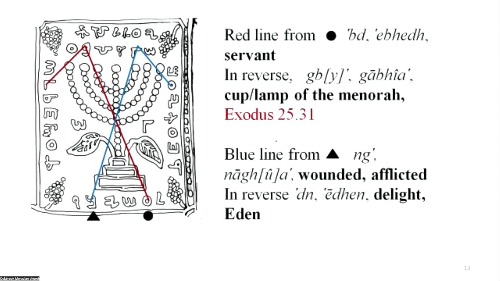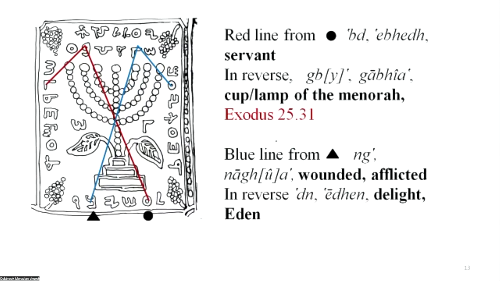Now, the next one, the servant, is the red line going up to heaven and coming down again. But here, in reverse, you have the word for the cup or the lamp of the menorah. So here we're reading the red line up, and then we're reading it back in reverse on itself.